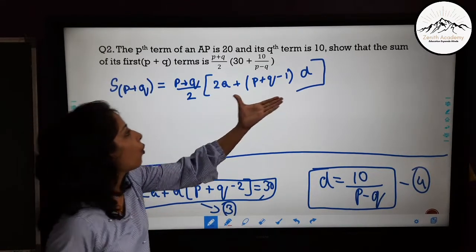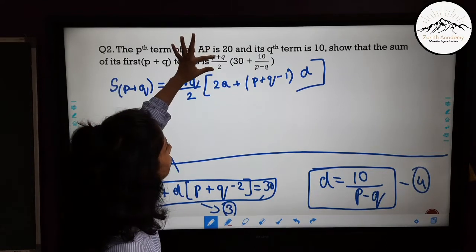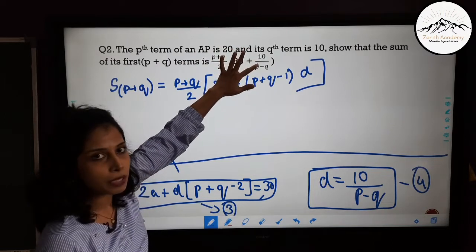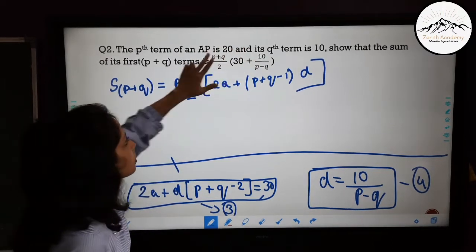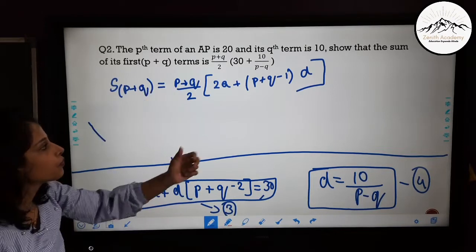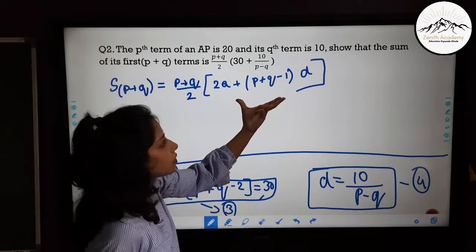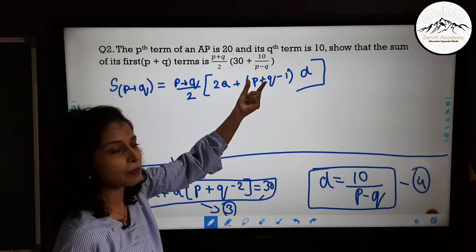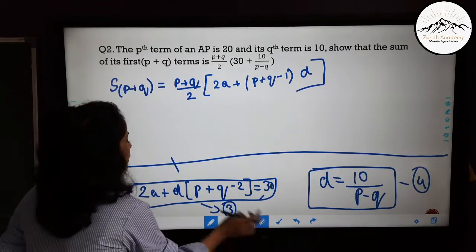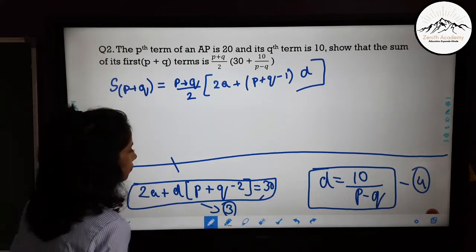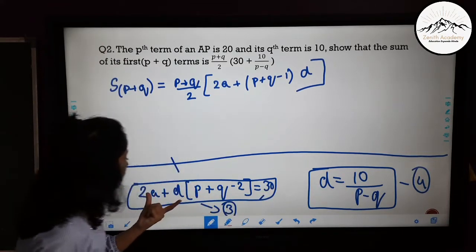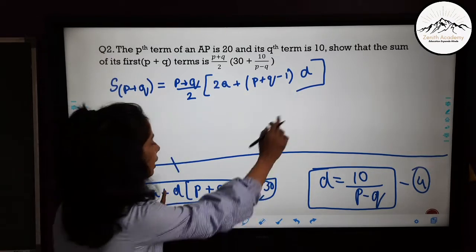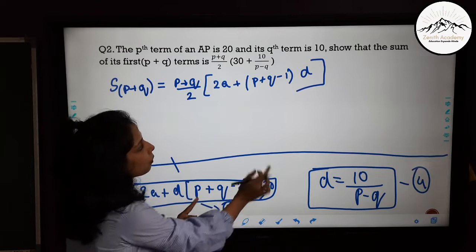Now this whole equation should be equal to p plus q by 2 into 30 plus 10 upon p minus q. We have got p plus q by 2. Now how can we write the equation in the bracket as 30 plus 10 upon p minus q? For that, 30 is equal to 2a plus d into p plus q minus 2.